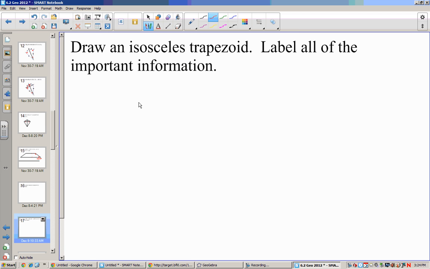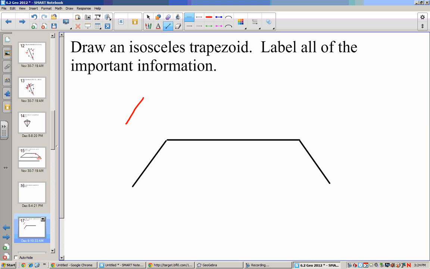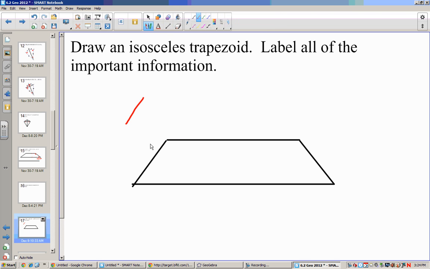Now, if we wanted to draw an isosceles trapezoid, it looks something like this, where these two sides are going to be congruent. Now, if that's true, these two angles are going to be congruent, and with the previous thing, that tells us these two have to be congruent.